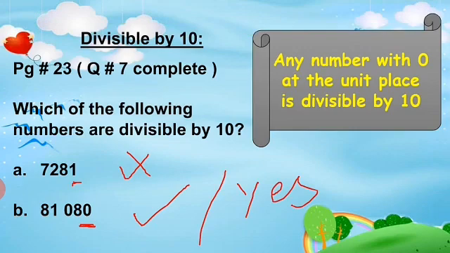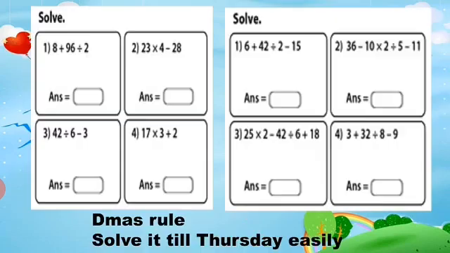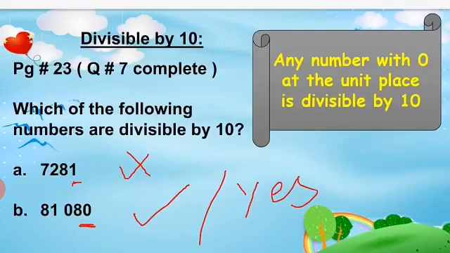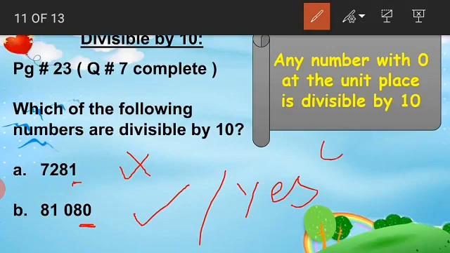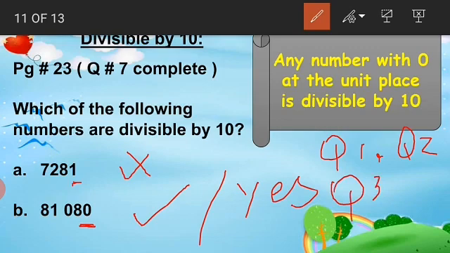Okay, students. This is our C work for today. And you have to solve question number 1, question number 2 and question number 3 of page number 22 by yourself, and question number 8 of page number 23 by yourself.